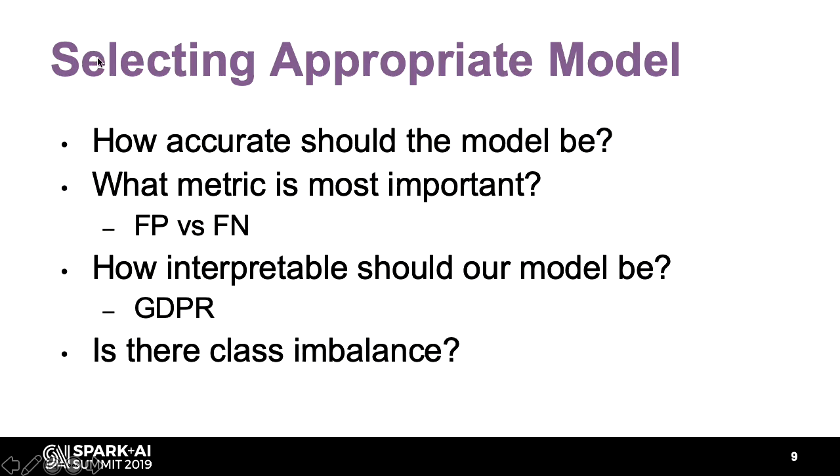Another question is, how interpretable should our model be? There's a couple of parts to this. Obviously for our understanding of what the model is doing, but really if you're in the financial world, you have to be audited, you have to explain this model to people, and if you're flagging individuals, you have to have a reason. Why did I flag you as doing credit card fraud? Why am I declining your transactions?